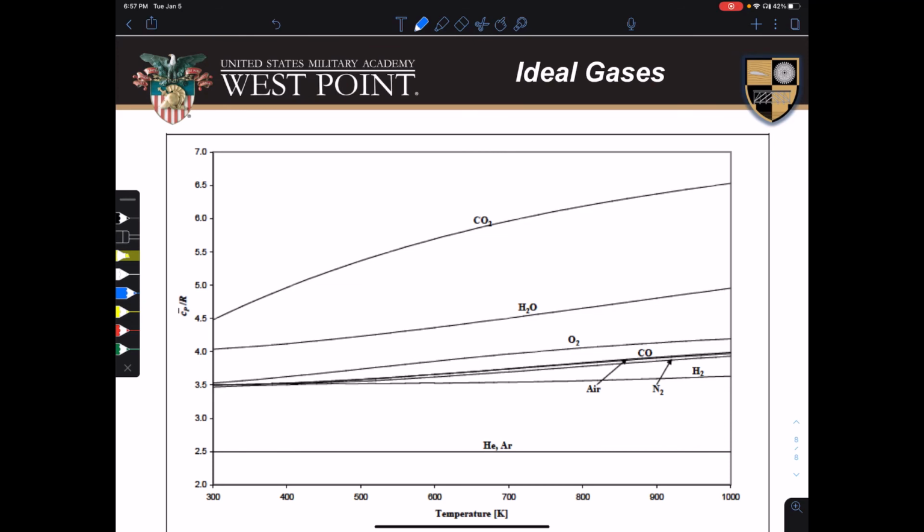We're going to be mainly working with air, and you can see how air is pretty constant through the range of temperatures. But if you have a large enough temperature difference, you're going to have a large change in our specific heat at constant pressure, or specific heat at constant volume, our specific heats. And so we need to make the assumption that we have variable specific heats, and that's why we're going to need to develop our equations for that.